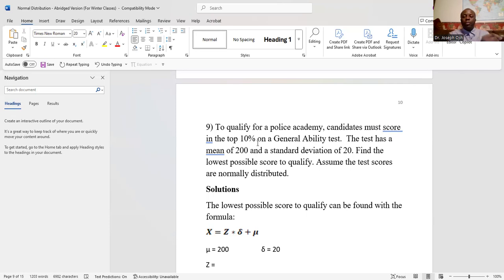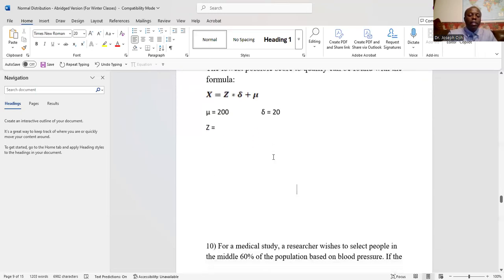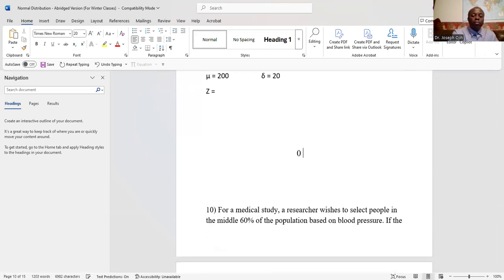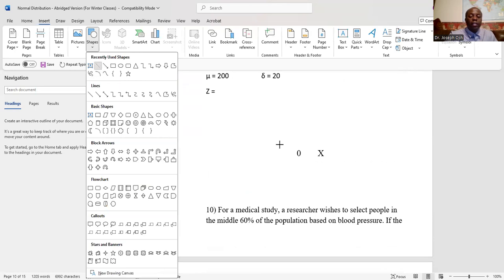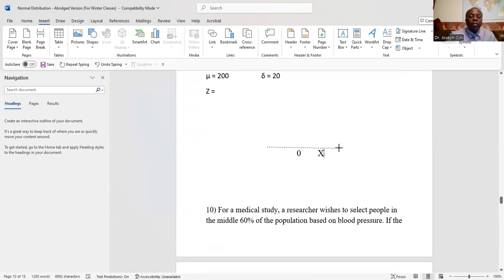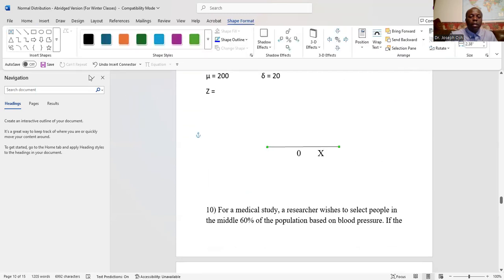So the score in the top 10% is the score such that 90% of the scores are below it. This is how the chart will look. First, let me put the x-axis, then put the bell curve.